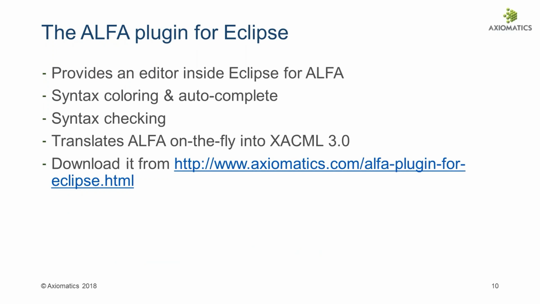So it's the component that provides the editor capabilities inside of Eclipse, and provides the capability of authoring ALFA policies inside of Eclipse to begin with. But with that comes also some sort of pretty printing in terms of syntax coloring and things like that, which makes it even easier to read.